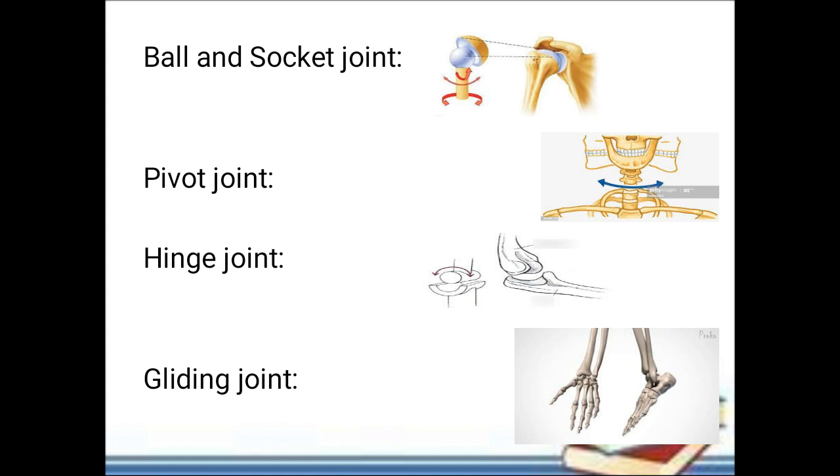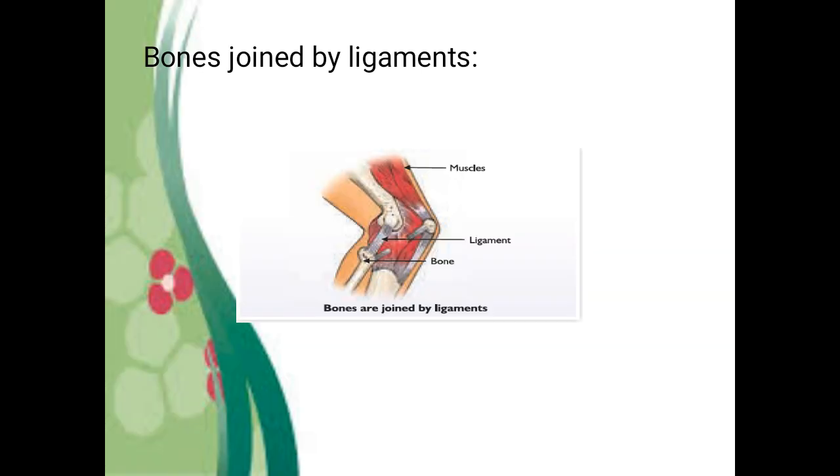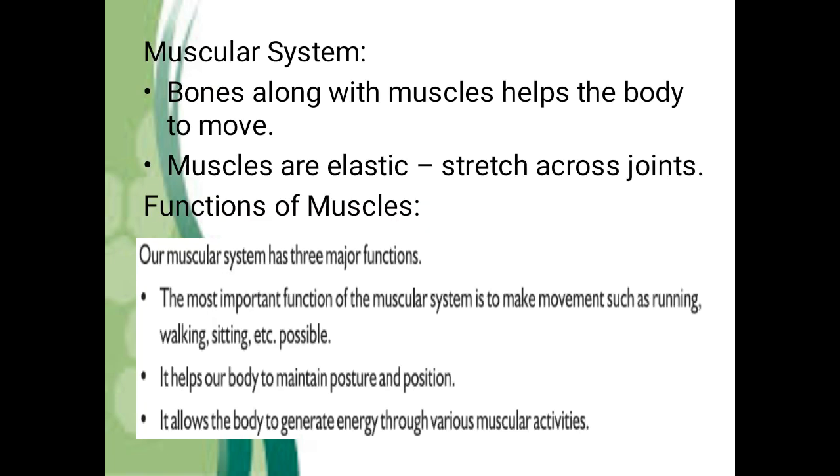Gliding joint, it is present in the wrist and elbow part of our body. It is used for sliding one bone over another bone. So these are the joints which we discussed. And also there are ligaments, which are tissues that help in joining two bones.